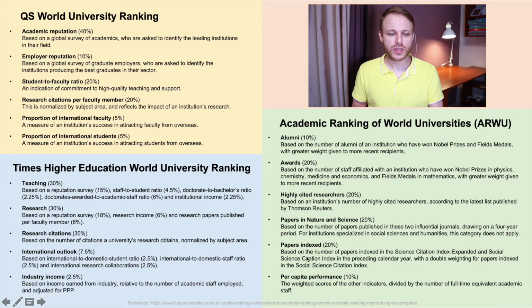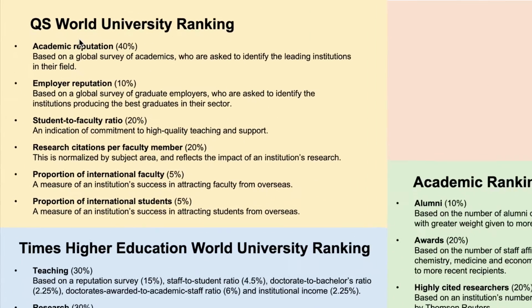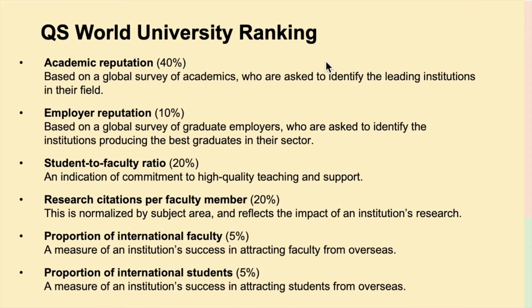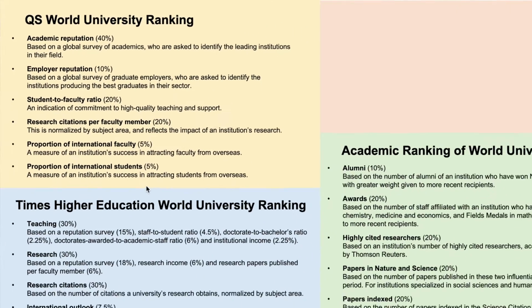And the second, let's talk about the methodology. Now here, on the screen, you can see the methodology of these main three rankings. Like here, for example, QS World University Ranking. Academic reputation makes 40% of the grade there, then employer reputation 10%, then student to faculty ratio 20%, and so on and so on.